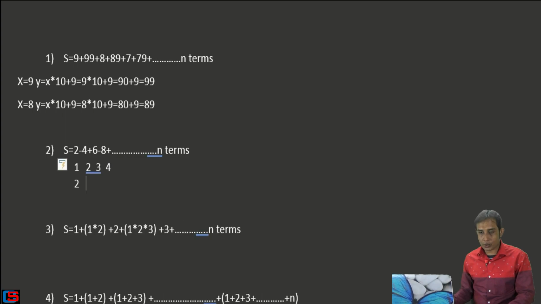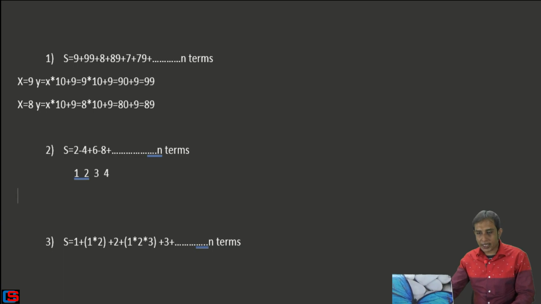And now I am going to multiply each position by 2. So 1 into 2 becomes 2, 2 into 2 becomes 4, 3 into 2 becomes 6, and 4 into 2 becomes 8.